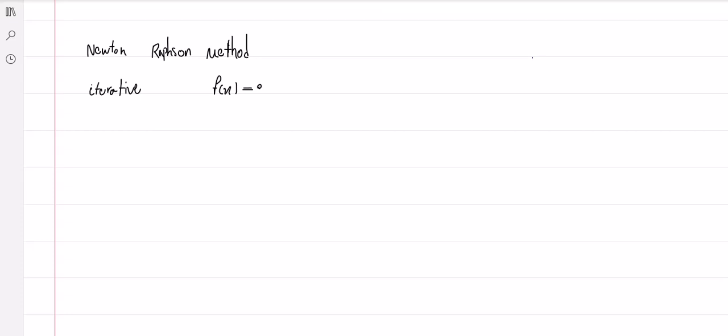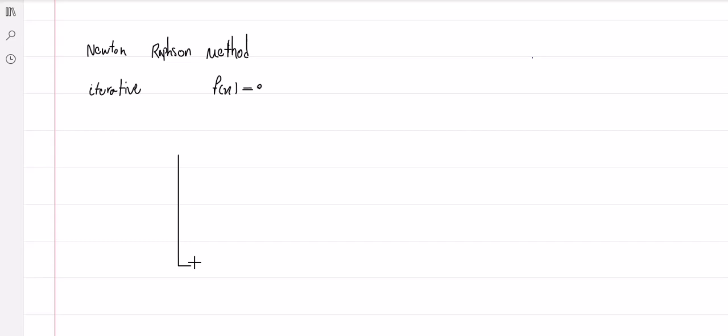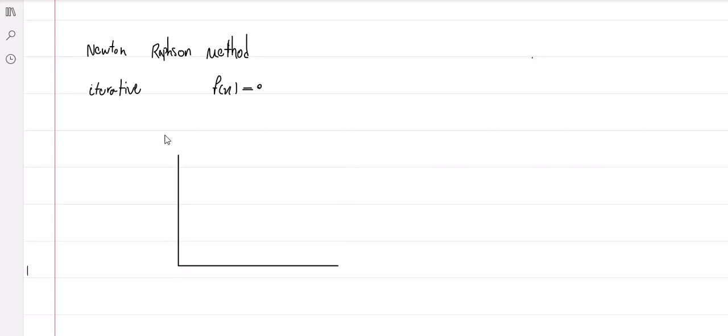So let's assume that we have this axis, where the y-axis is f of x and the x-axis is x, and our function is looking like this, where this point, which I'm marking with the black point, is the root of the function which we want to find.